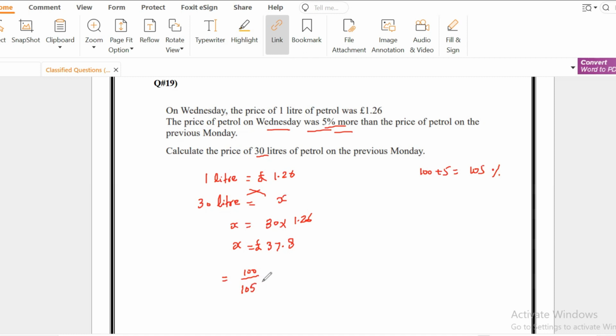So 100 over 105 multiply by this amount, which is 37.8. If we simplify this, 100 divided by 105 multiply by 37.8, it gives me 36. So price on the previous Monday is 36 pound. I hope it is clear.